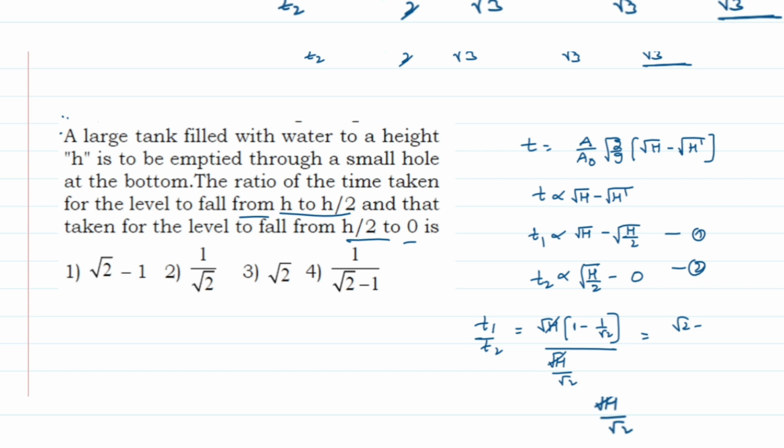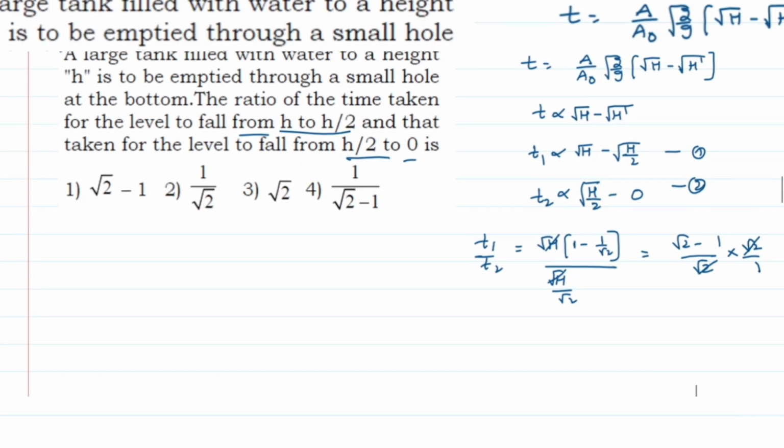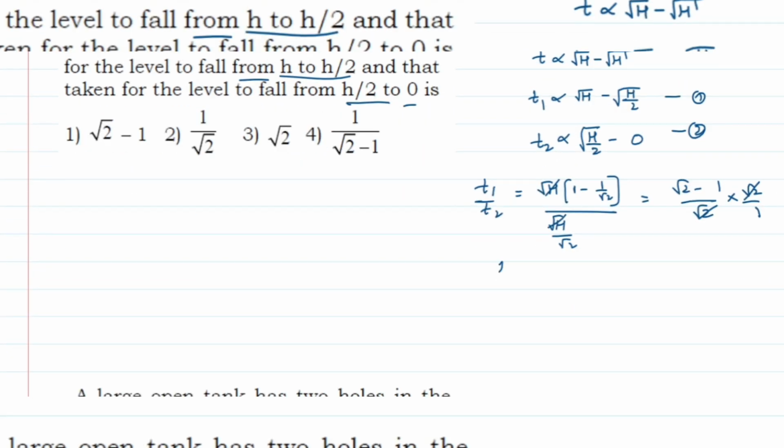This becomes root 2 minus 1 by root 2, into 1 by root 2, which is root 2 by 1. So the time ratio T1 by T2 you will get as root 2 minus 1 by root 2 minus 1. So this will be the ratio of the time.